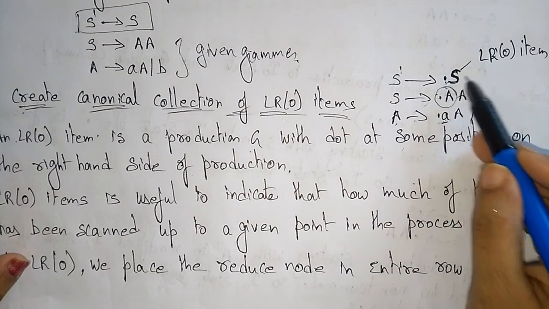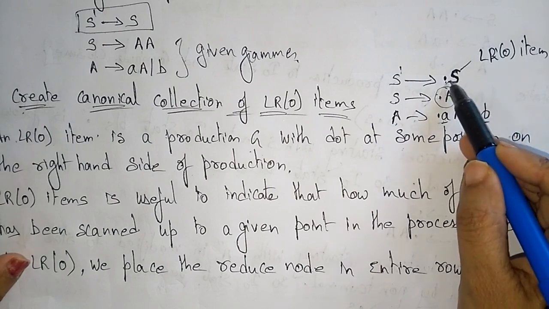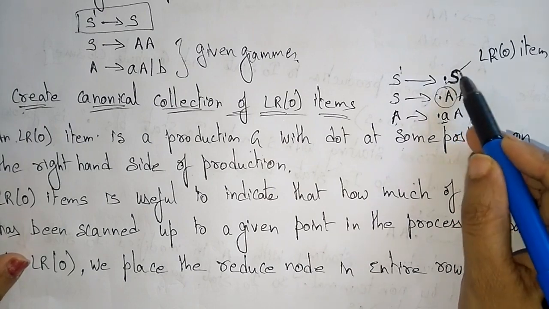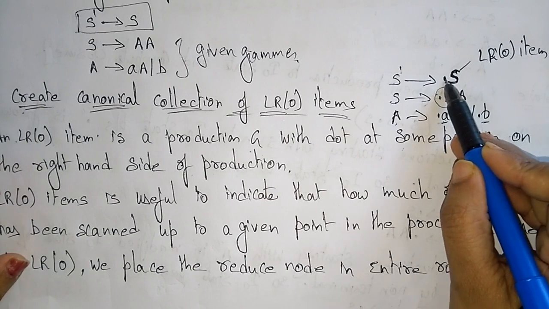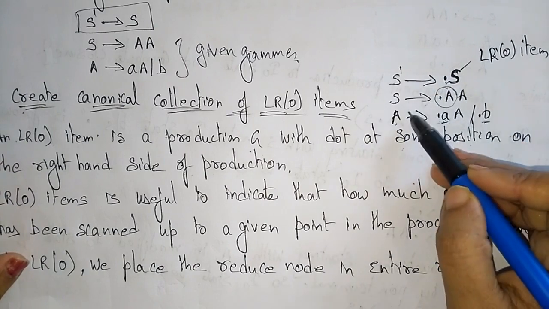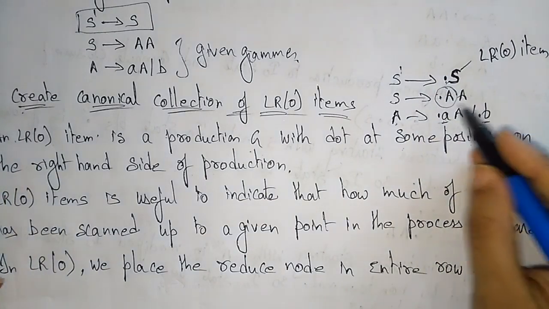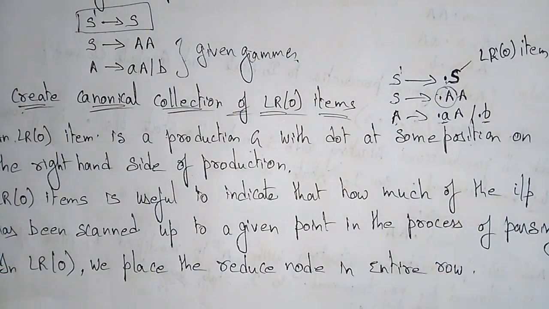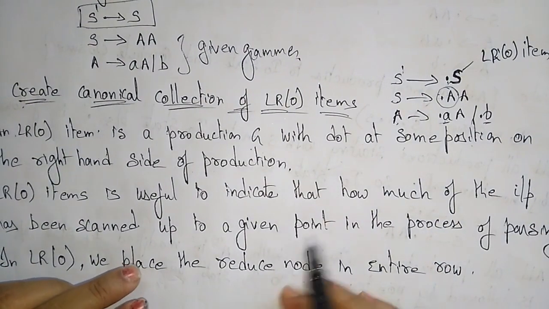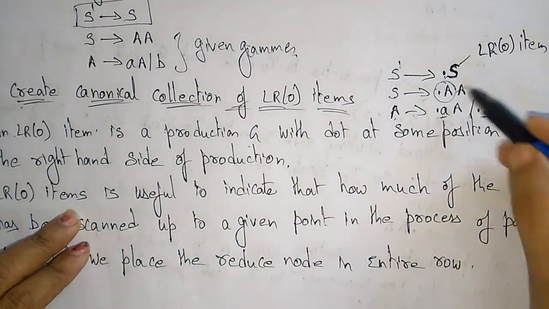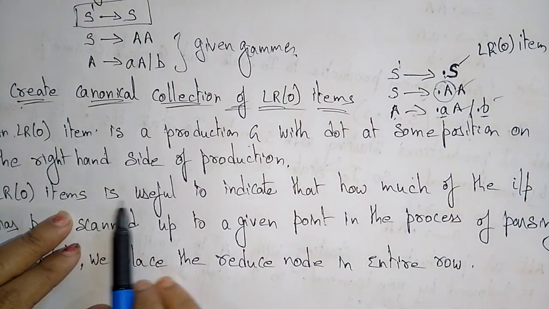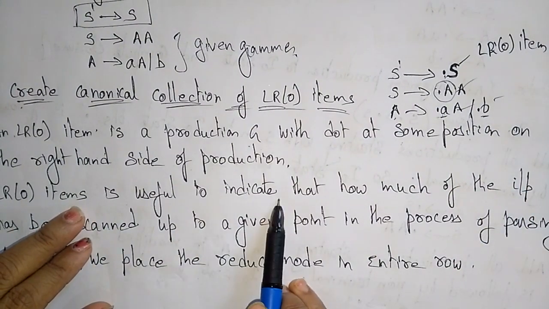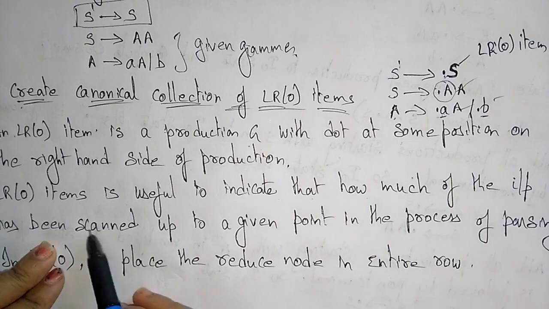So whatever productions are produced by the non-terminal after the dot, for those productions you need to write them with a dot. Now see why we are using the dot. These are all the LR0 items. The LR0 item is useful to indicate how much of the input has been scanned.